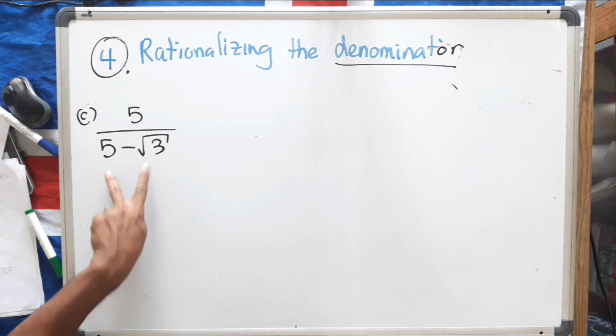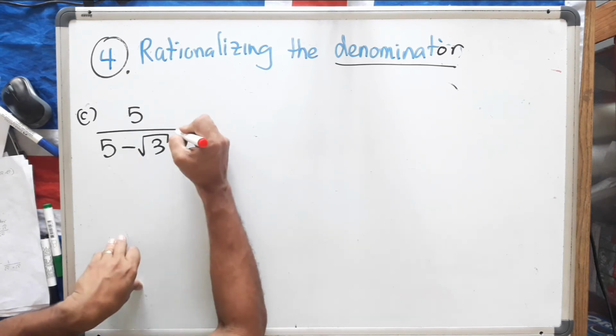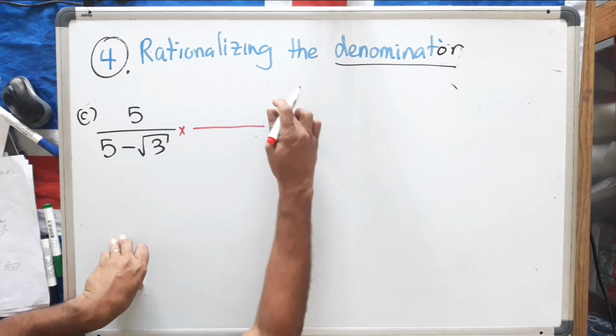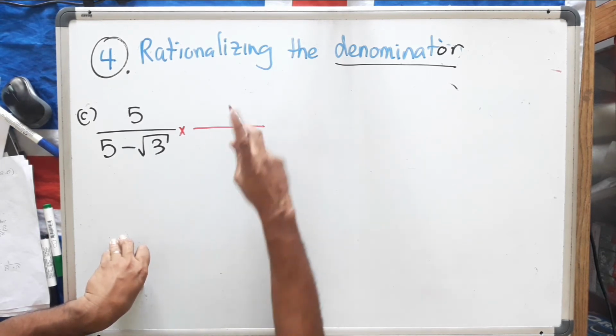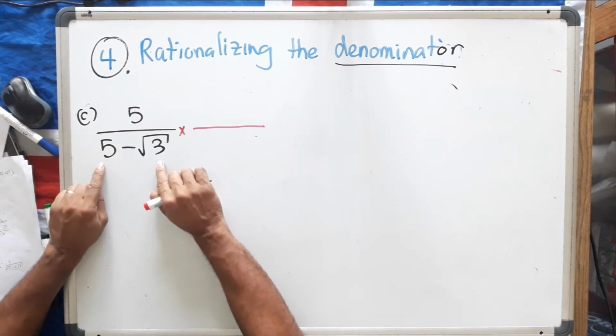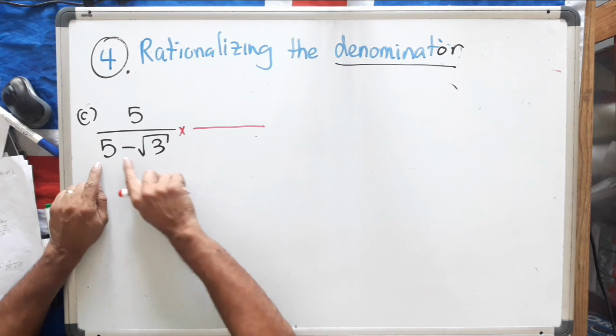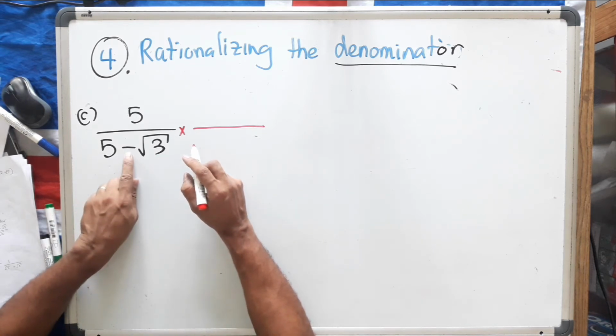You notice there are 2 items underneath. Now pay attention to this pattern. When we rationalize it, we have to multiply the top by something, and we also have to multiply the underneath by something. It just has to be the same exact thing. Look at the underneath number. There are 2 items. Just look at the second item. The second item is negative.